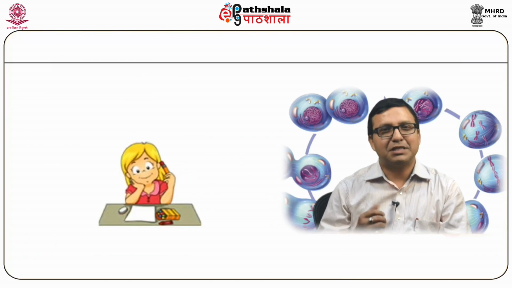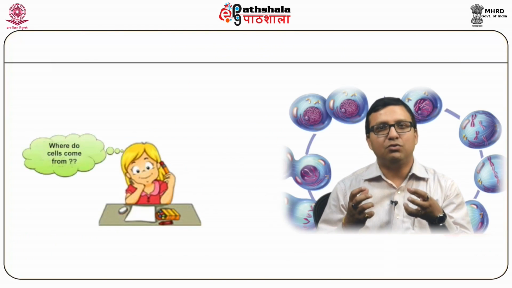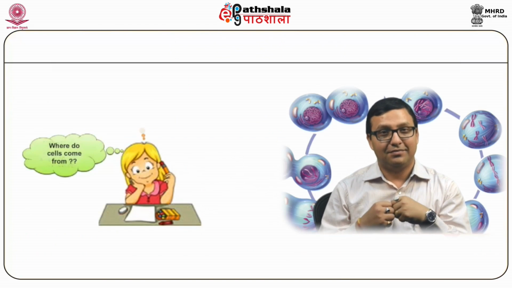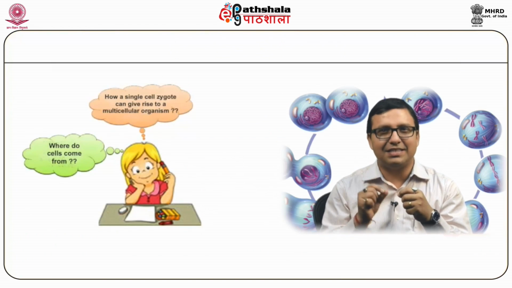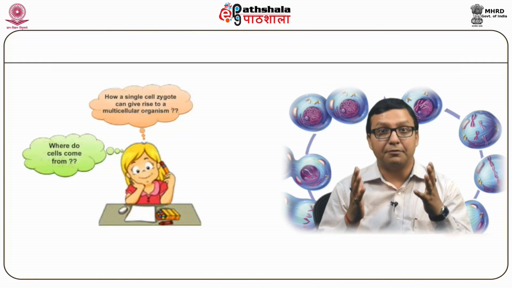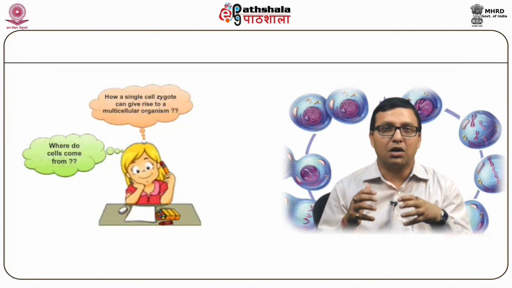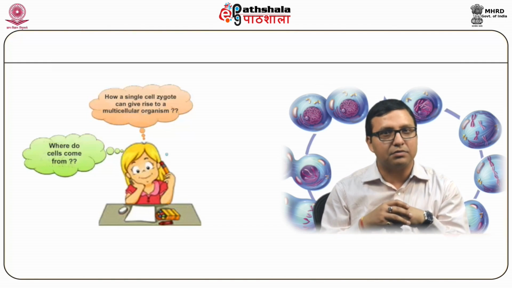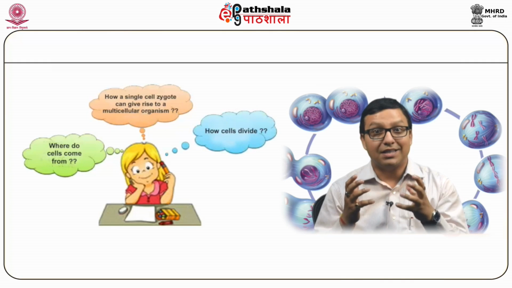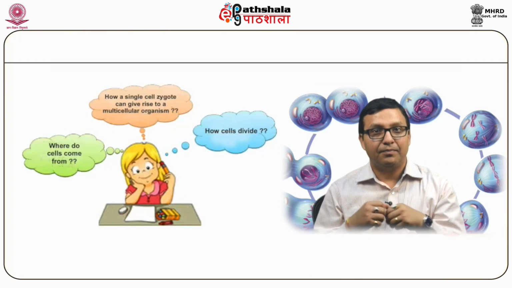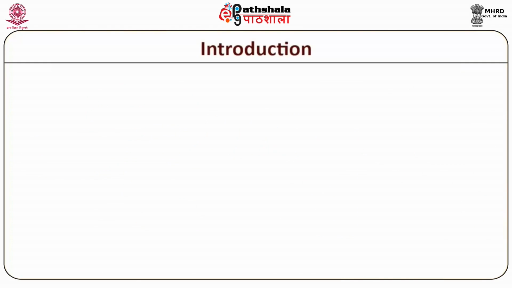You all must be wondering, where do cells come from? How can a single cell, the zygote formed by a fusion of sperm and ova, give rise to a complete multicellular organism? How does a cell divide? So, before going into much detail of cell cycle, you should be clear about what is cell cycle.